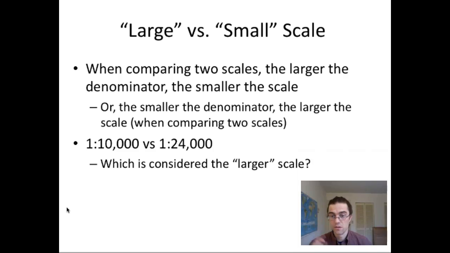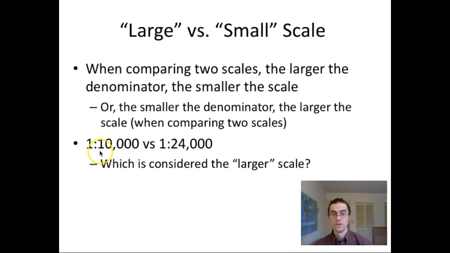And this is where it can get a little counterintuitive at first glance, but all of you are great college students, we can think this through a little bit. Or, conversely, the smaller the denominator, the larger the scale, when comparing two scales, as we say in parentheses here.